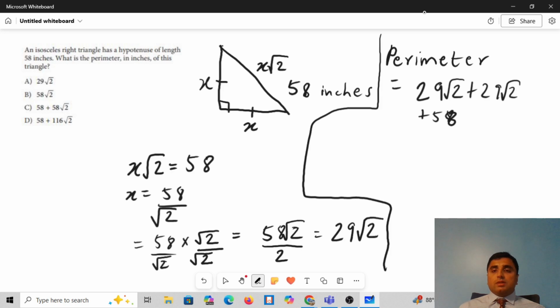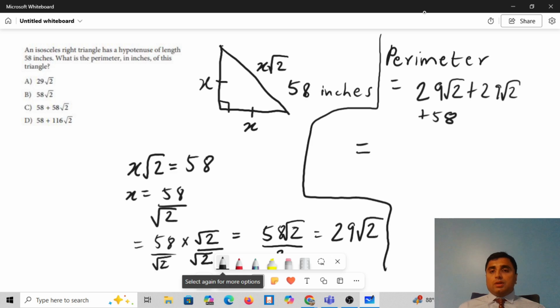Let me write this more clearly. Plus 58, and that is going to be equal to 29 times square root of 2 plus 29 times the square root of 2 will add up to 58 times the square root of 2 plus 58. So this is going to be the perimeter of the isosceles right triangle.